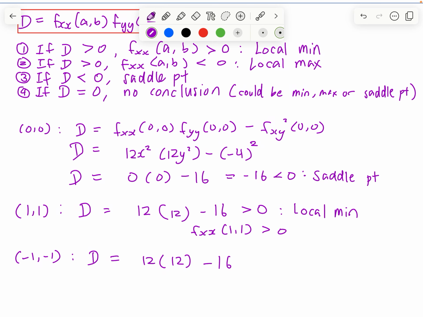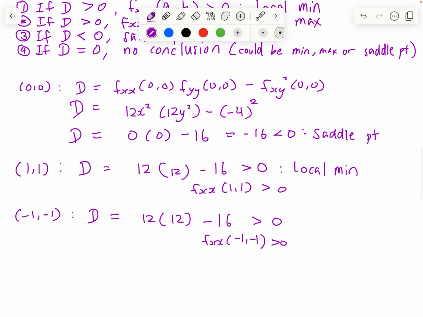So this whole thing is also greater than 0. We also want to determine if fxx at -1, -1 is greater than 0 or less than 0. Again, it's 12, which is greater than 0. So we also have a local minimum at the point -1, -1.